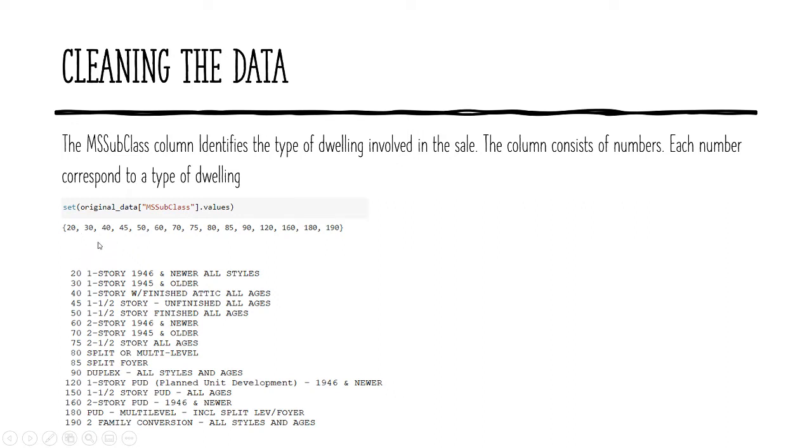For example, a record that has the value 20 belongs to the type 1-story 1946 and newer, while houses that have the value 90 belong to duplex houses.